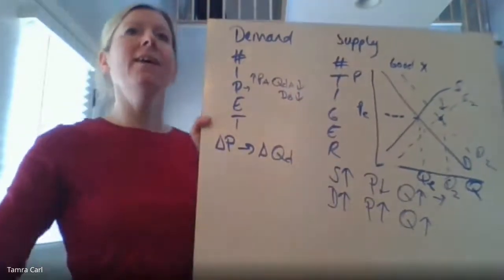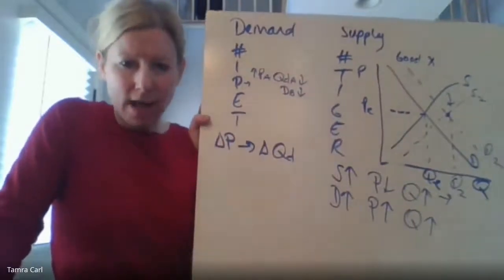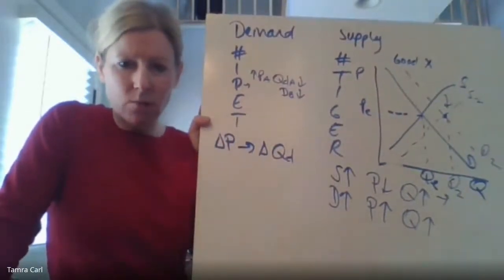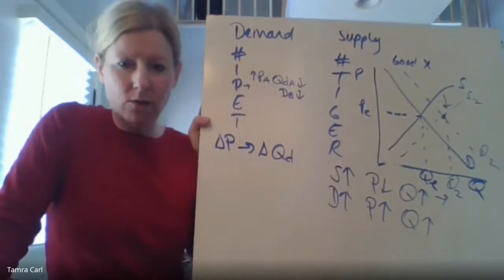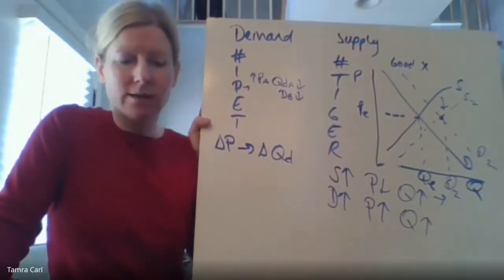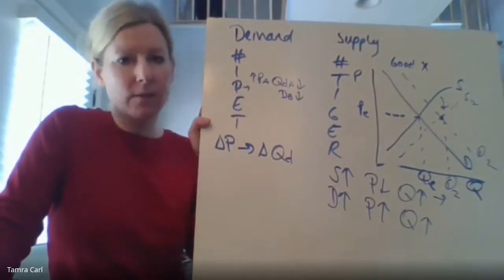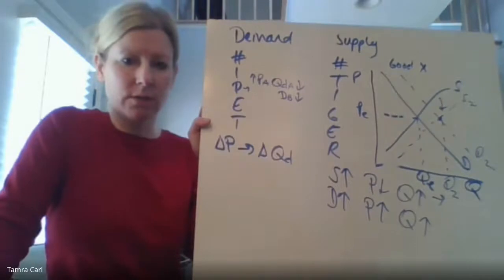So again, they're not just going to ask you what happens to price and quantity. They're going to ask you to explain. And that's where you can use that tagline about indeterminate, that it is dependent upon the magnitude of the shift of the two curves.